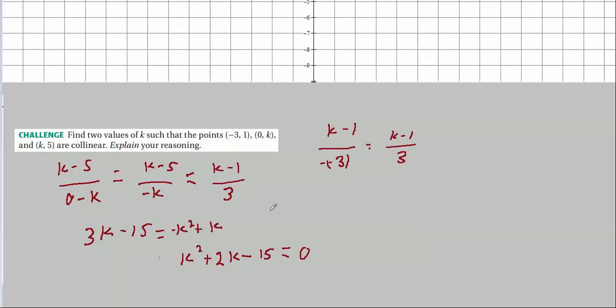So what do we do? Well, let's see, what are factors of minus 15? I think we can factor it as 3 times 5, and the difference between 5 and 3 is 2. So I think we're on the right track.